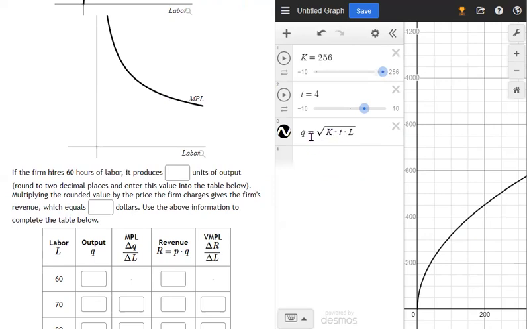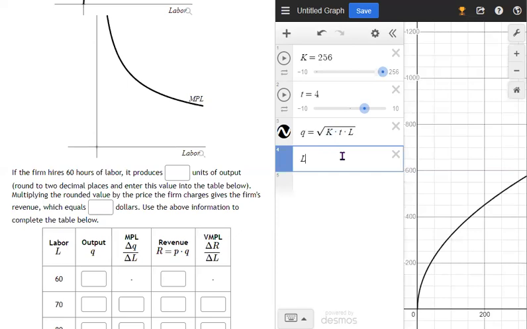So this is actually Q equals 32 times square root of L. I can do that right here. 32 times the square root of L. You see that? This red curve is identical to this black curve. The cool thing about Desmos is it automatically plugs those values in when they're defined.